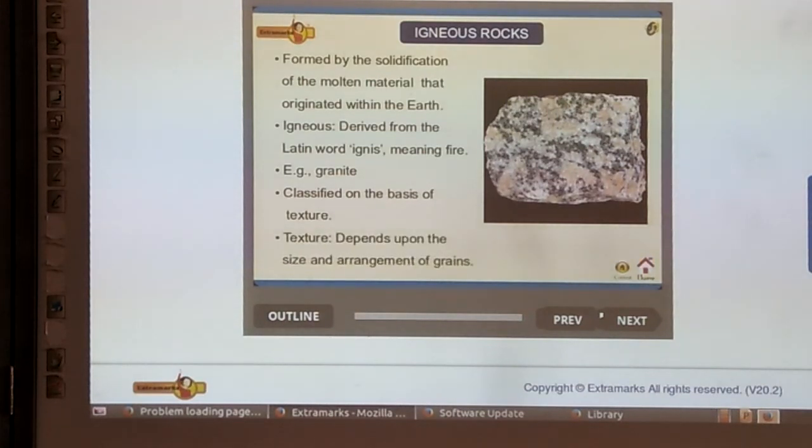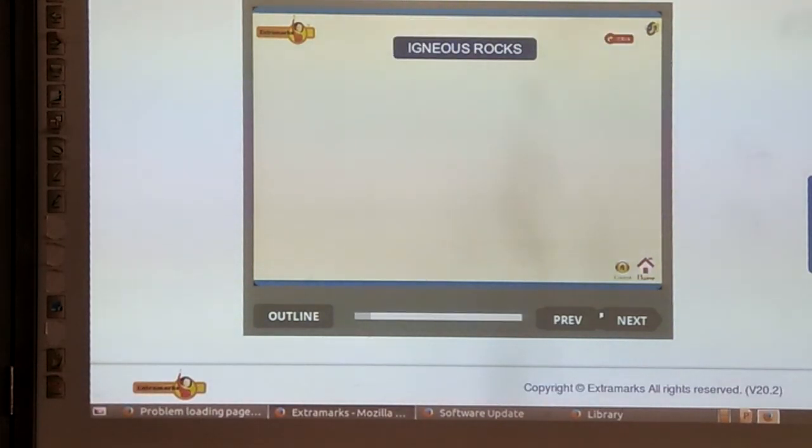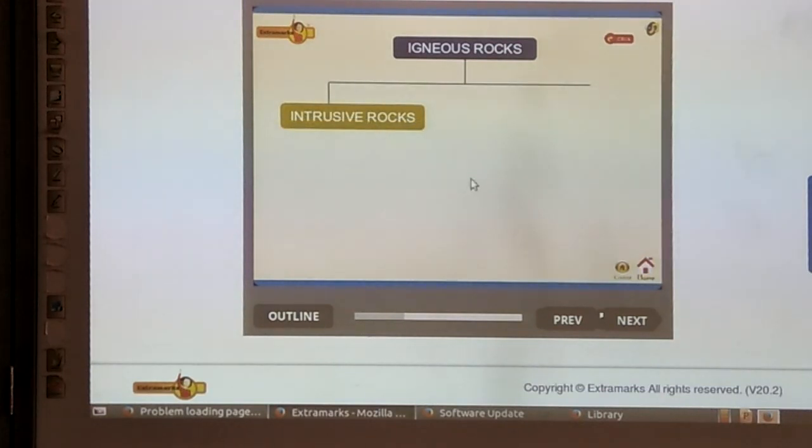Texture depends upon the size and arrangement of grains. Igneous rocks can broadly be divided into 1. Intrusive rocks and 2. Extrusive rocks. Let us discuss each of them.